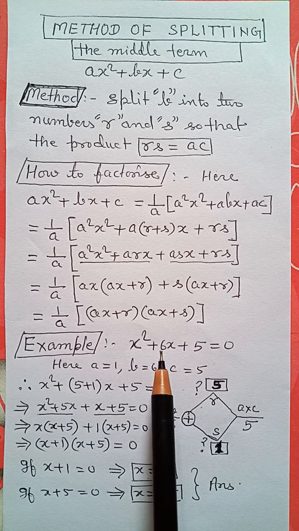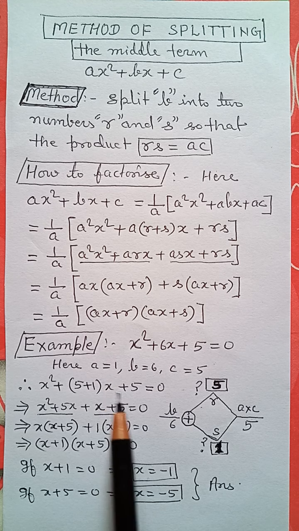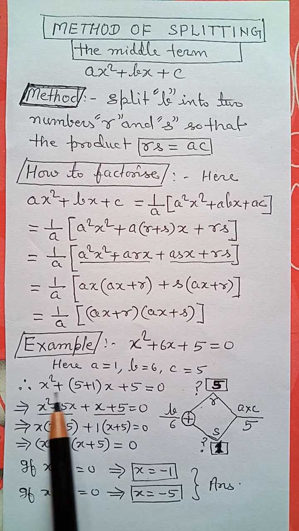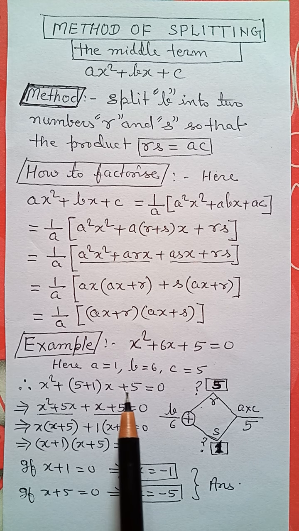So in place of 6 we have written (5 plus 1) times x, plus 5 is equal to 0. That means x square plus (5 plus 1) x plus 5 is equal to 0.